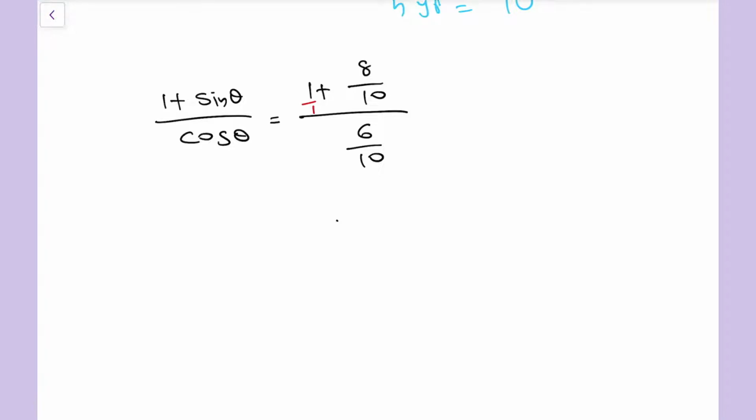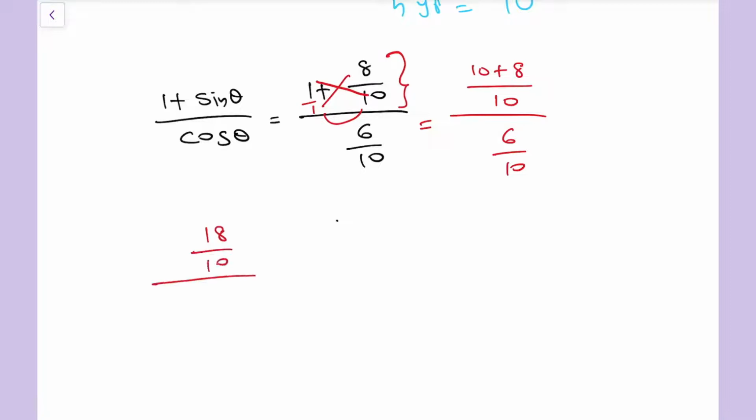Now observe only the numerator part, 1 by 1 plus 8 by 10. Both the denominators are different, so we will do cross multiplication. 1 tens are 10, plus 1 eights are 8, divided by 1 tens are 10, divided by 6 by 10 as it is. 10 plus 8, 18 divided by 10, divided by 6 by 10, equals.